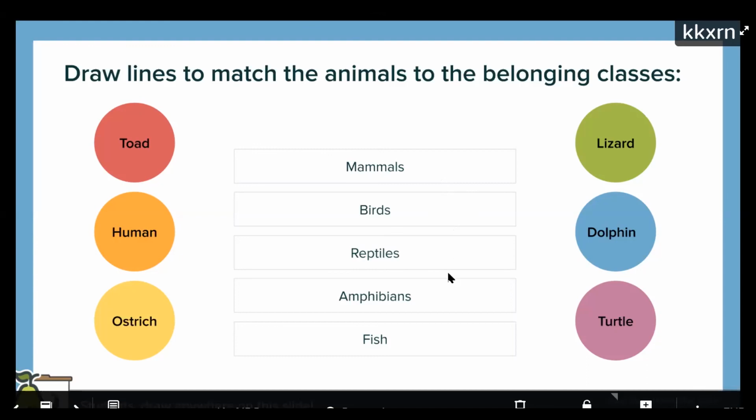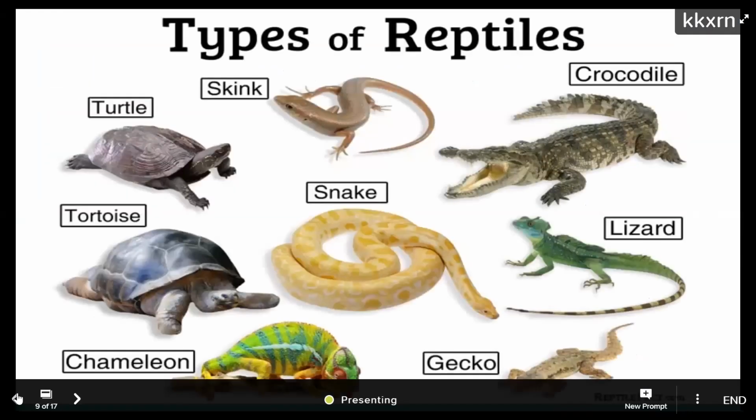Which one? You mean it is an amphibian? How about you? What do you think? What is a turtle? I think it's a reptile. It's a reptile. Very good. We said that turtles are reptiles, if you see in here.